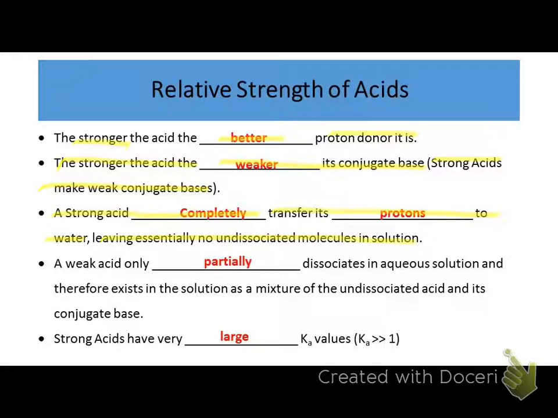Weak acids are only going to partially dissociate in aqueous solutions, and therefore exist in solution as a mixture of undissociated acid and its conjugate base. We'll diagram this in just a minute. And finally, strong acids have very large Ka values, much greater than 1.